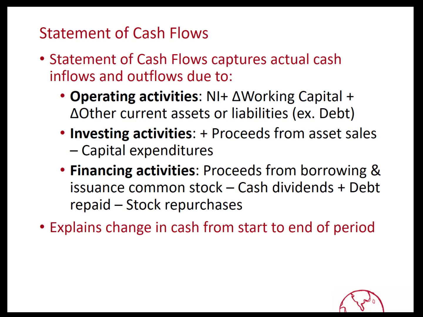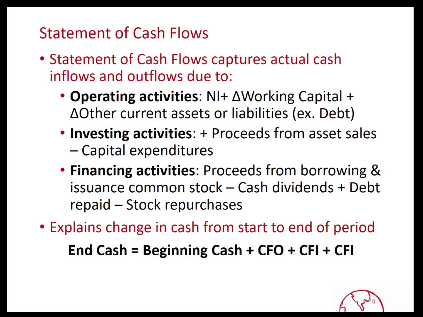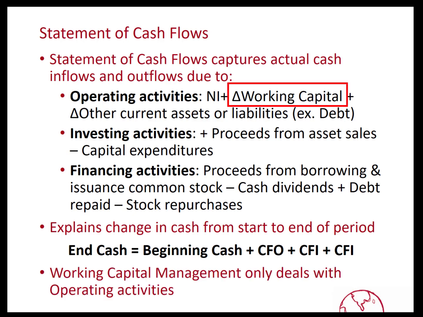Now, the statement of cash flows will show from one period to the next, typically a fiscal year or a quarter, how much cash has changed, simply by starting with the beginning cash, looking at cash that's either used up or generated by operating, investing, and financing activities, and that gets us to the end cash. Working capital management is only going to be focusing on this small portion of these operating activities.